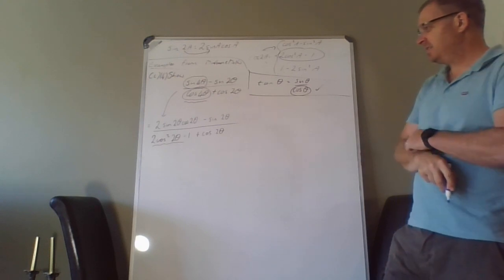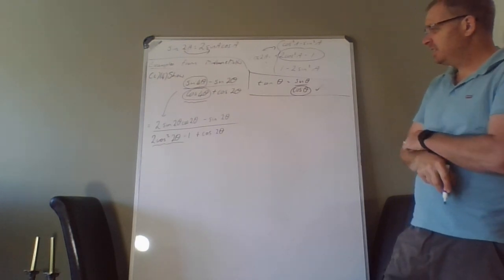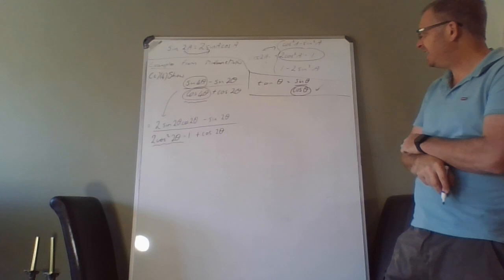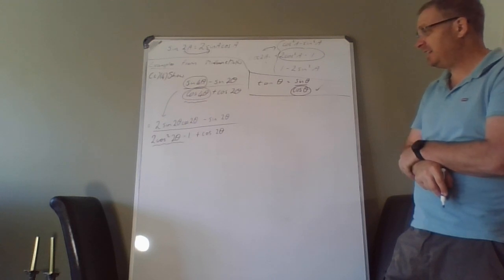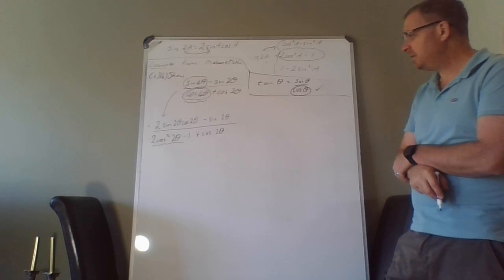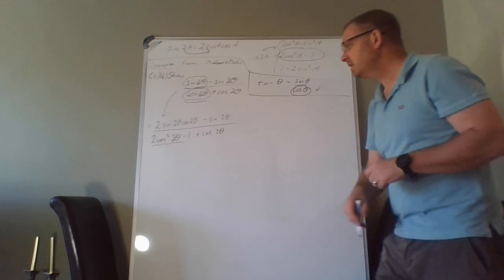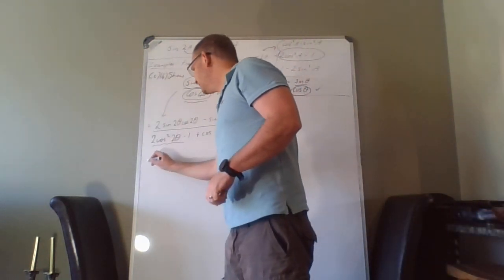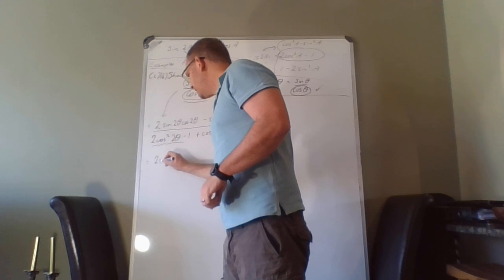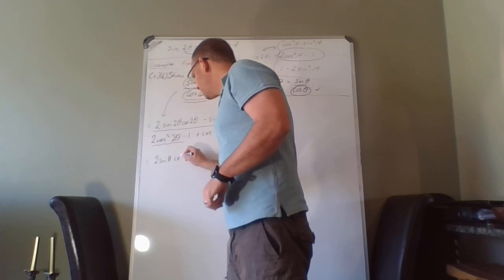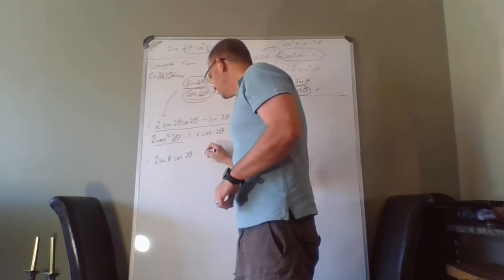Right, your next challenge, what I would look to do now, you could go try and get everything in single angles, but it's going to become very ugly. Let's try and neaten it up a little bit first. And to neaten it up a little bit, I want you to go try and factorize the numerator and factorize the denominator.